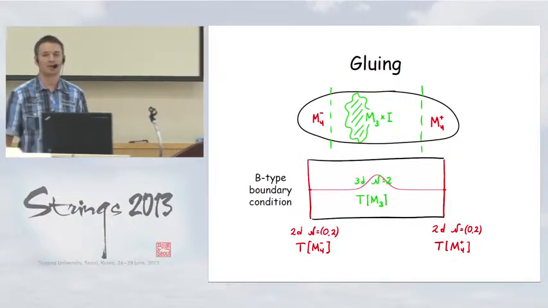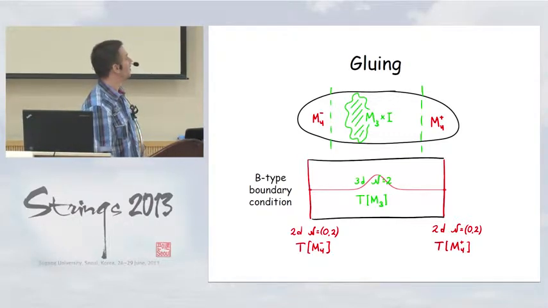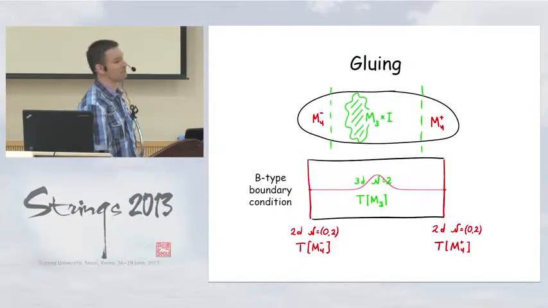So there are some degrees of freedom captured by (0,2) two-dimensional dynamics which are trapped on the boundaries of this space.